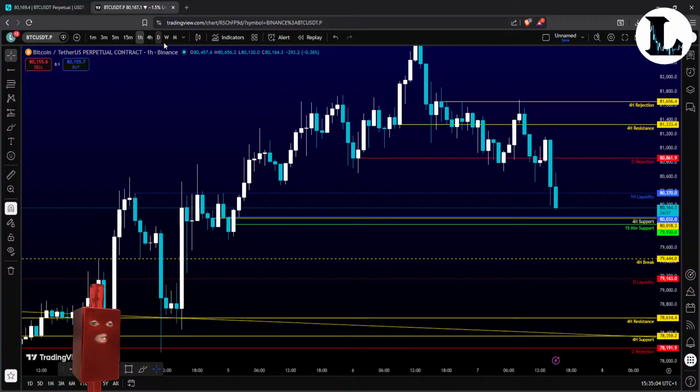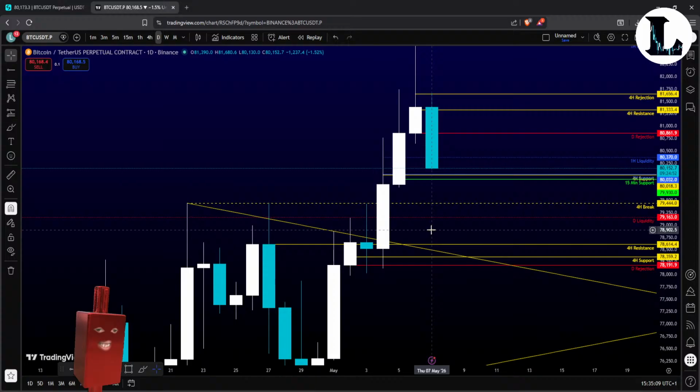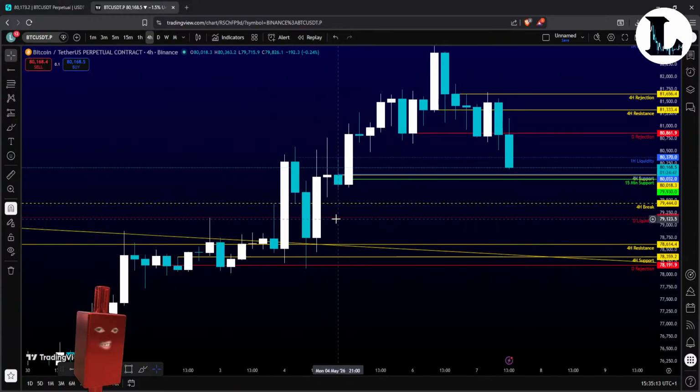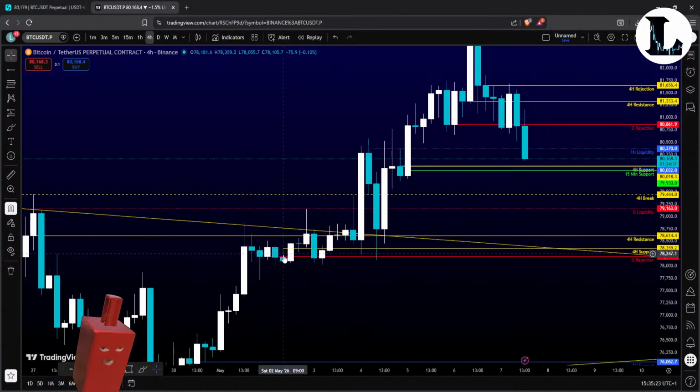I think I did not watch the dailies down here. Okay, so that daily liquidity, above this daily liquidity, we just have this 4 hour as an untested support, okay? The strongest support is this 4, okay?